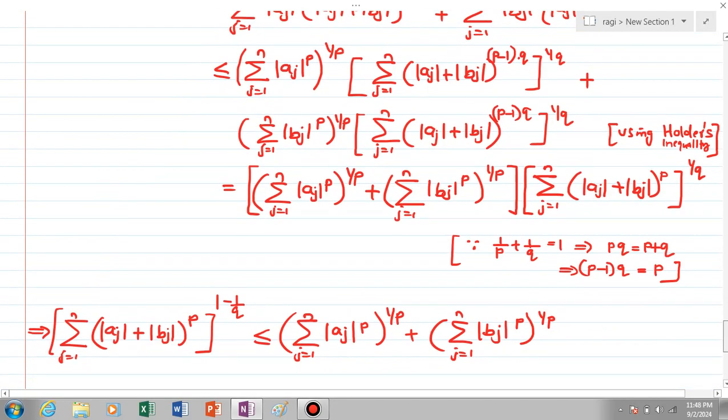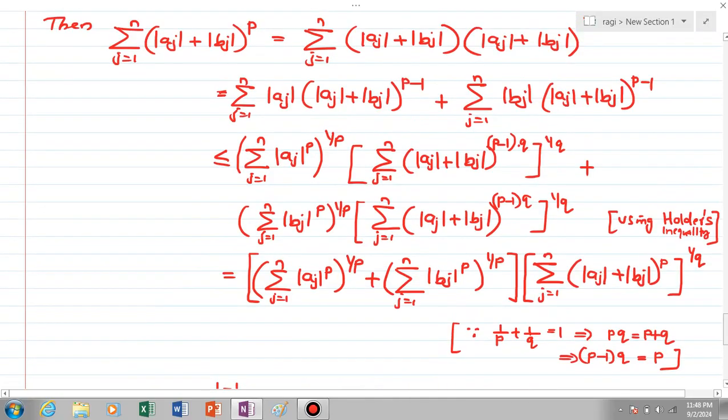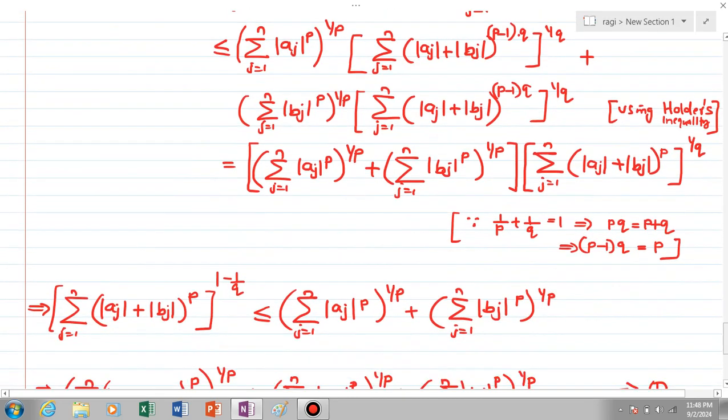Okay, and we can see that in the left side we have Σ_{j=1}^n (|a_j| + |b_j|)^p, and in the right side also we have a term like (Σ_{j=1}^n (|a_j| + |b_j|)^p)^{1/q}. So we are taking that term to the left side, and we can see that the power becomes 1 - 1/q.